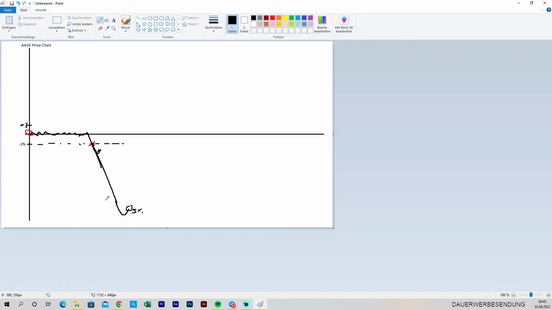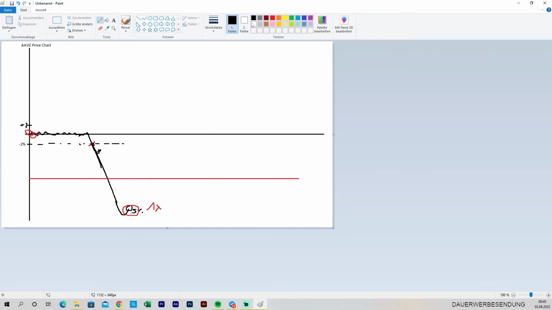Let's say we bought right here and we bought right here, 1x. That means that our average price is now about here, right?